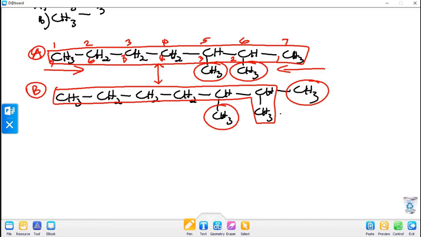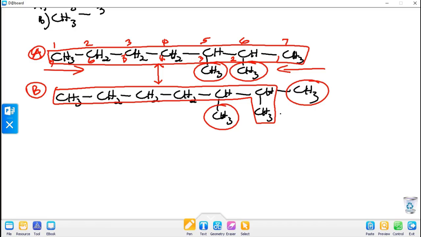So, which is ideal? A rule says that if we have identified our parent chain and our side chain, we should number the parent chain in such a way that the side chains are given the lowest possible number.